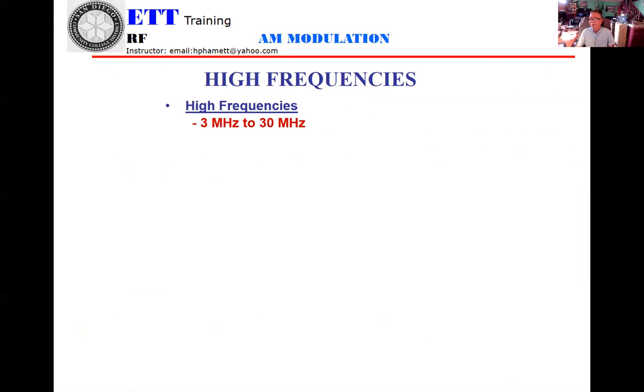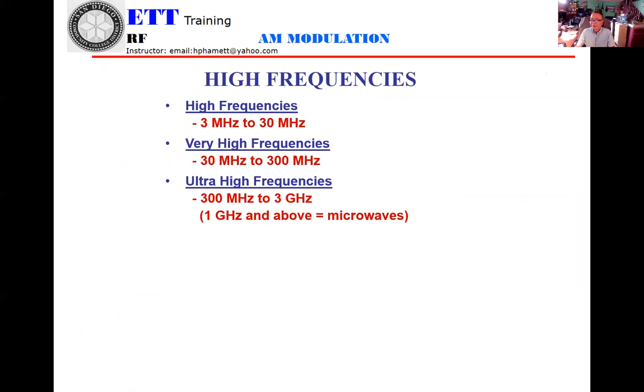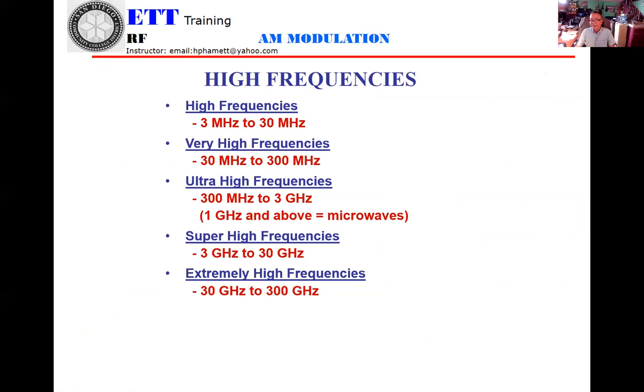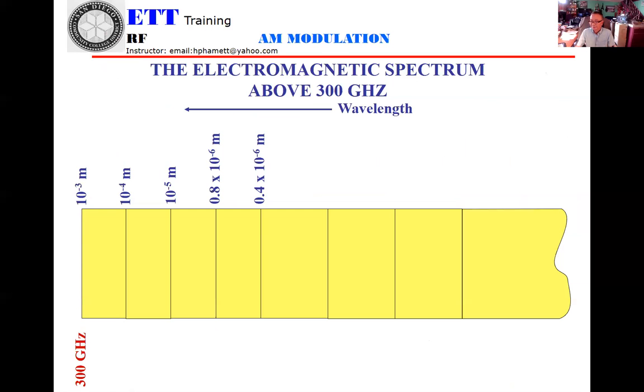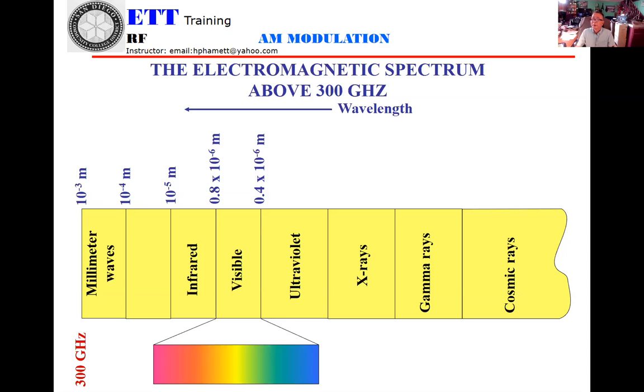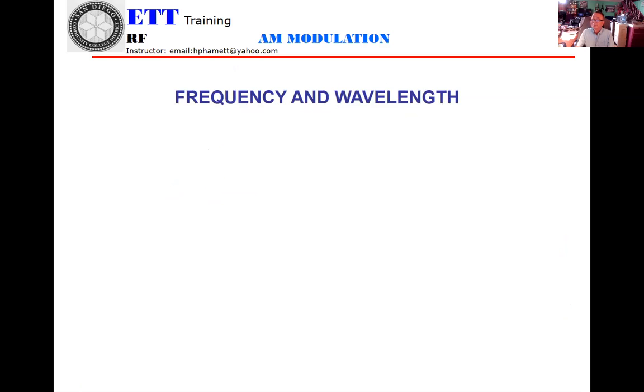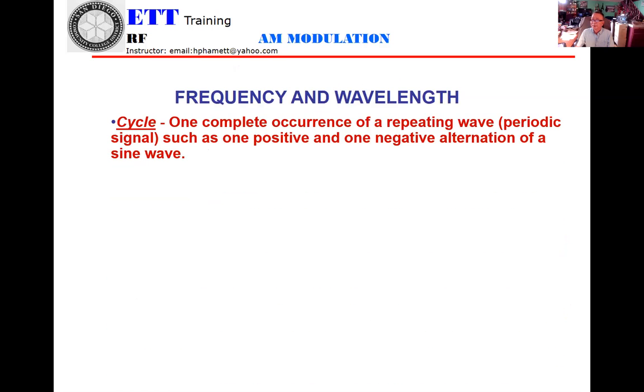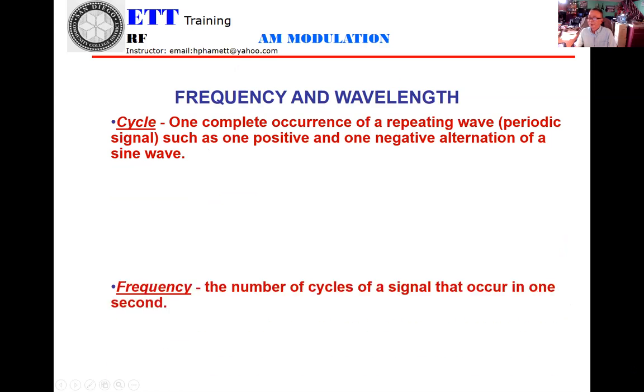Okay, so they are just telling you the frequency bands: high frequency, very high frequency, ultra high. Okay, so basically just for your document. And same thing. Cycle: one complete occurrence of a repeating wave, such as one positive, one negative alternation of a sine wave.